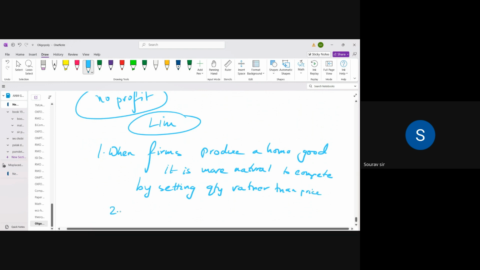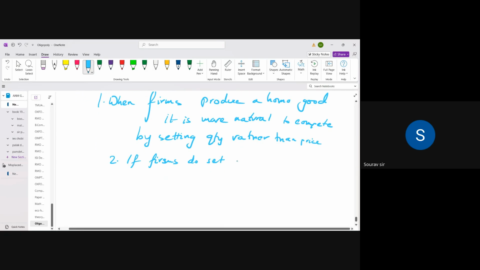And second, if firms do set price and choose the same price, as the model predicts, what share of total sales will go to each one?